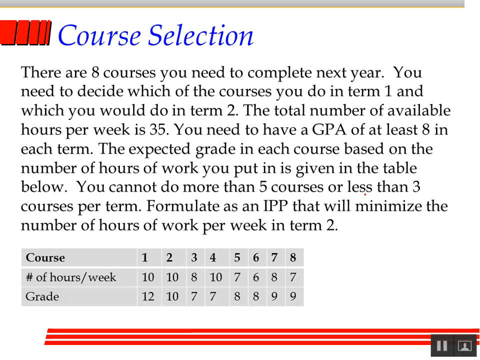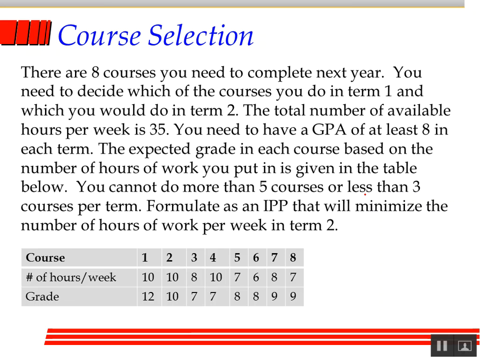How do we formulate this as an IPP? We want to minimize the number of hours of work per week in term 2. So we have a very specific objective function. Notice the objective is not to minimize the hours of work per week in term 1 and term 2. You can do that, but this is not what we want.